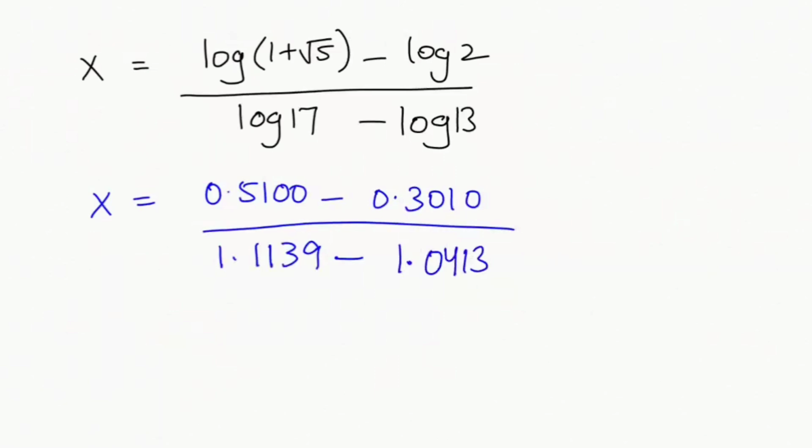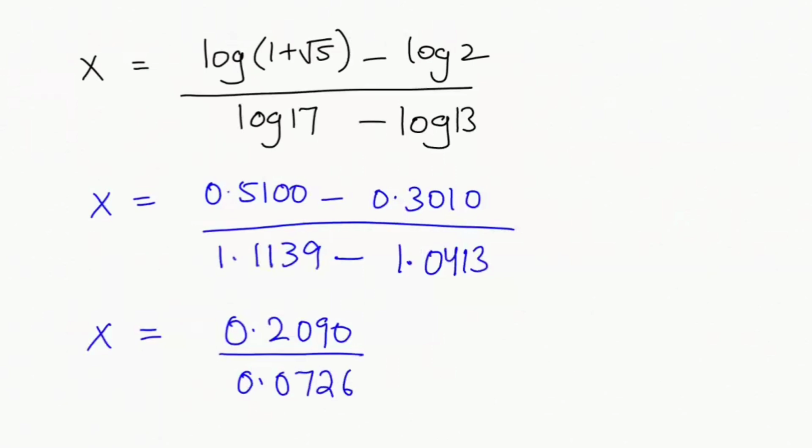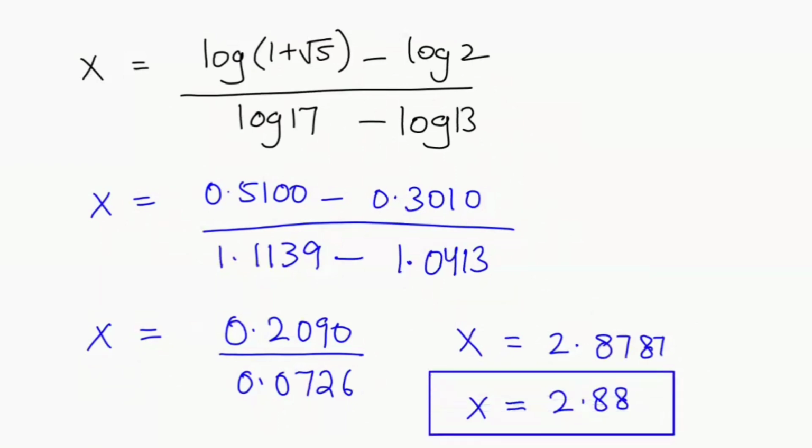And here, as I solve it out, it will be equal to 0.2090 over 0.0726. And here x is equal to 2.8787. And this will be x is equal to 2.88. So this is the first x value that we found.